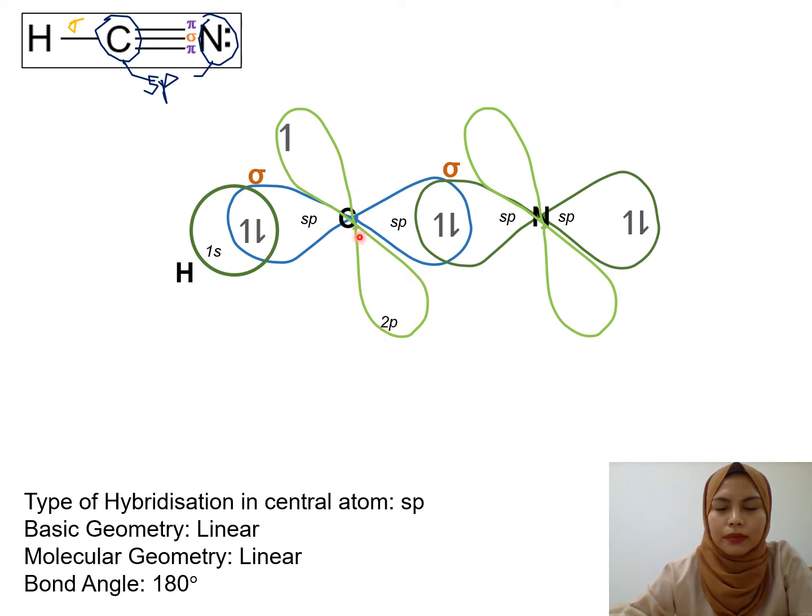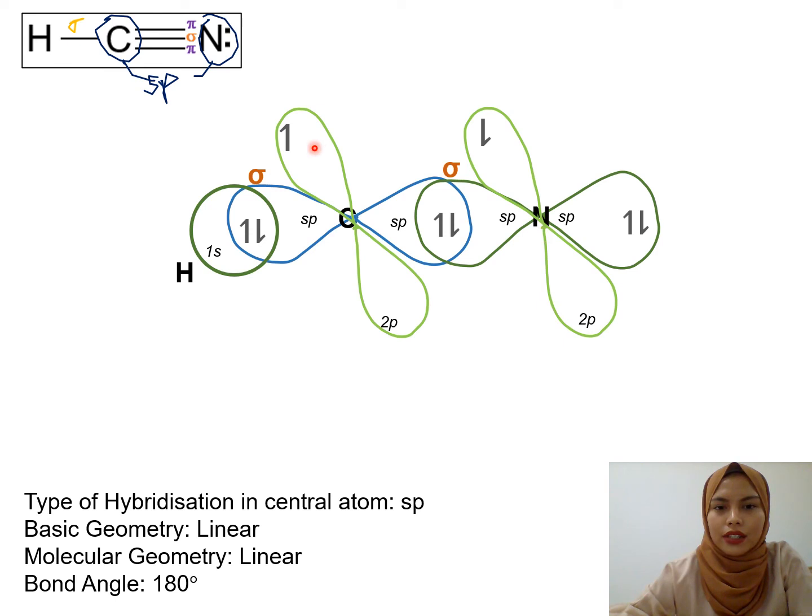Okay, so I will draw dua bentuk p orbital di carbon atom dan juga di nitrogen atom. Okay, and this p orbital ni milik 2p orbital, sebab ada satu single elektron di 2p orbital dekat carbon, dan juga ada satu single elektron di 2p orbital di nitrogen.